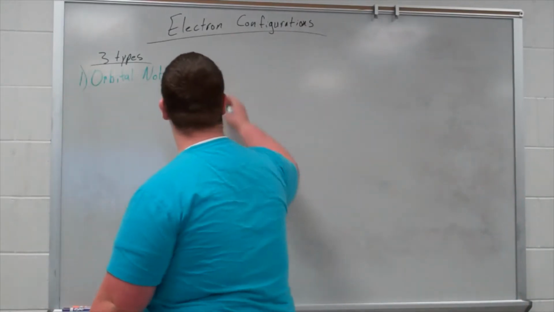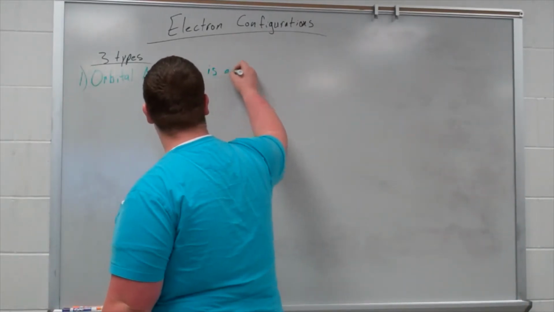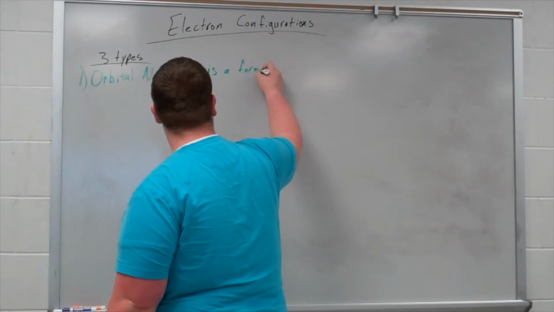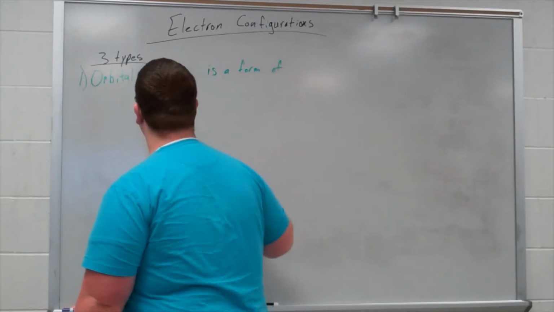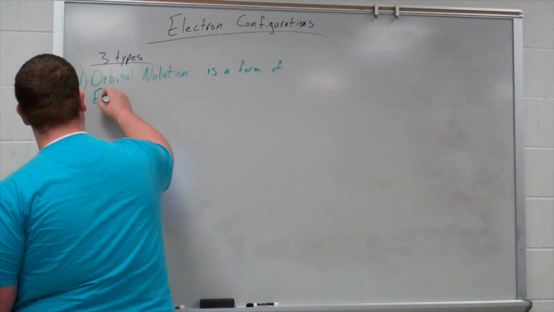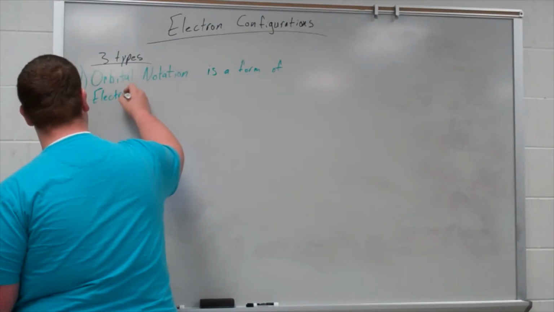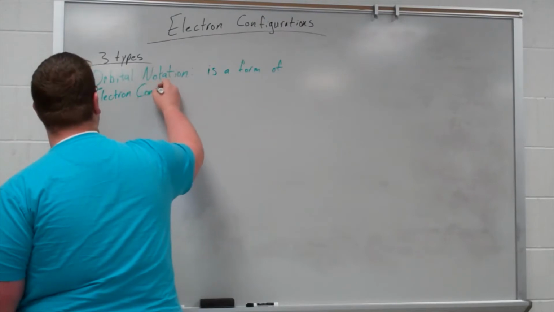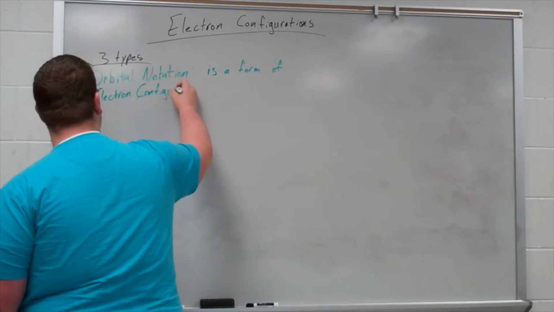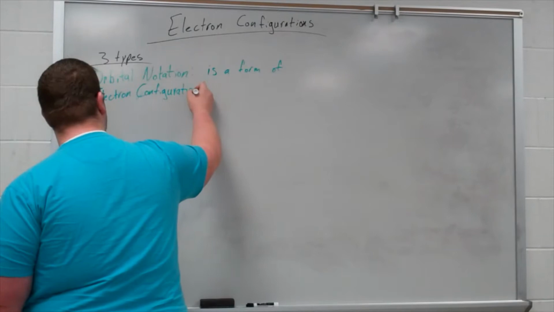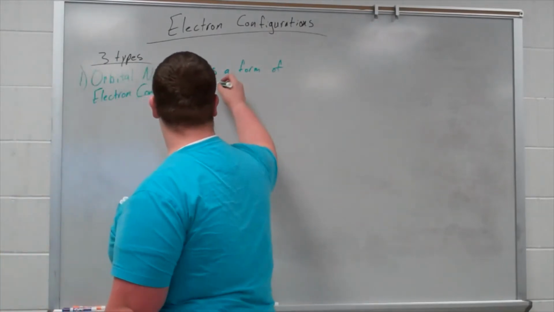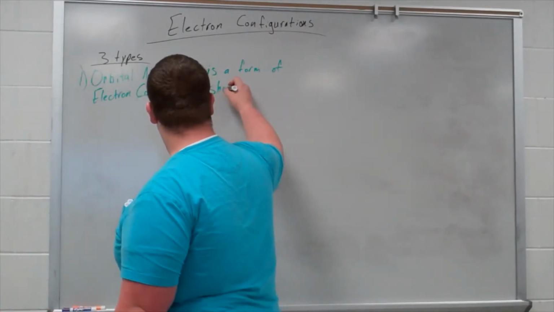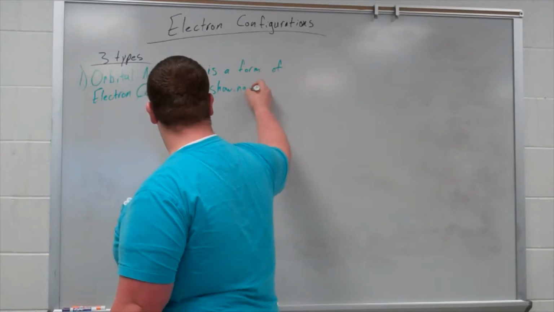Orbital notation is a form of electron configuration showing the orbitals.